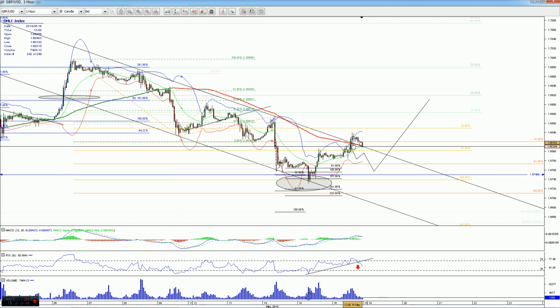There was that candle which broke out of this downward move channel, and I thought, okay, if this happens, there are traders who are waiting for that, and they may cause this market to go up, and this was what I was afraid of. So I thought, okay, it's better to close it earlier.